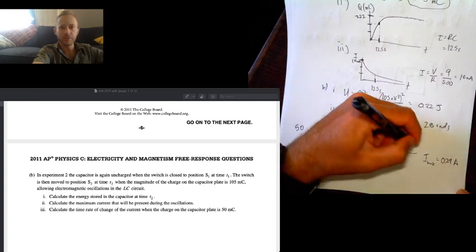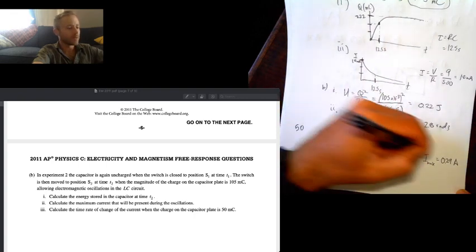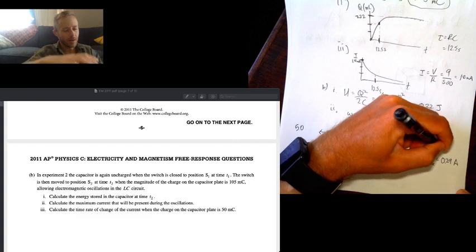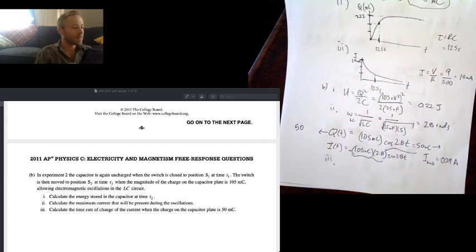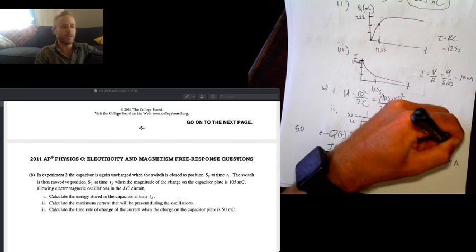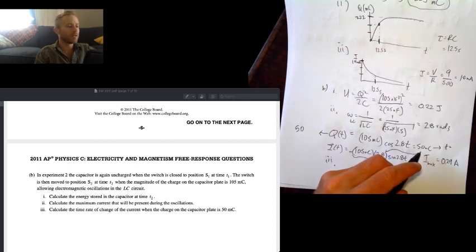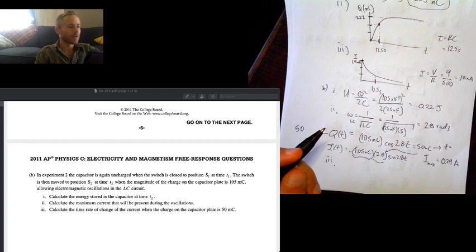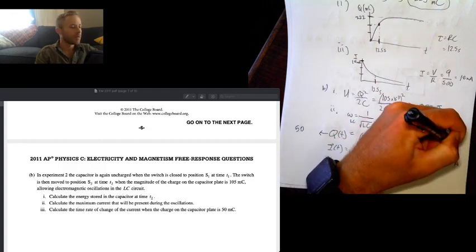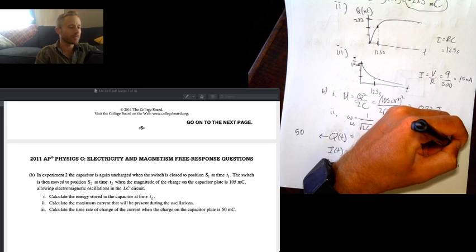So if I set this equal to 50 millicoulombs and solve for time, I'm going to get 50 over 105. So I find that the time at which we get 50 millicoulombs is about 22 seconds.